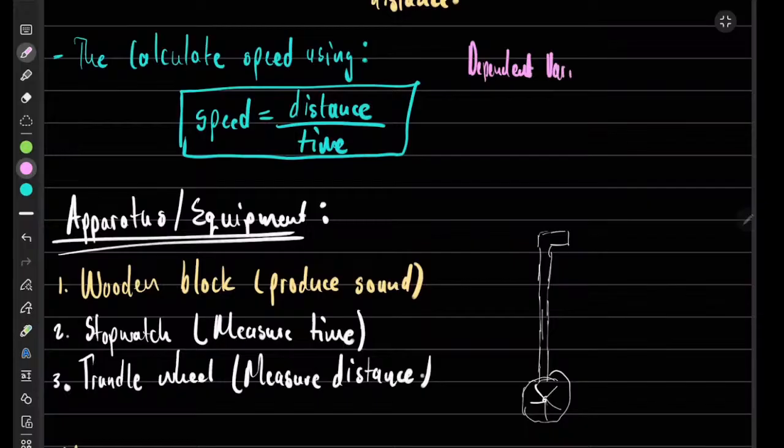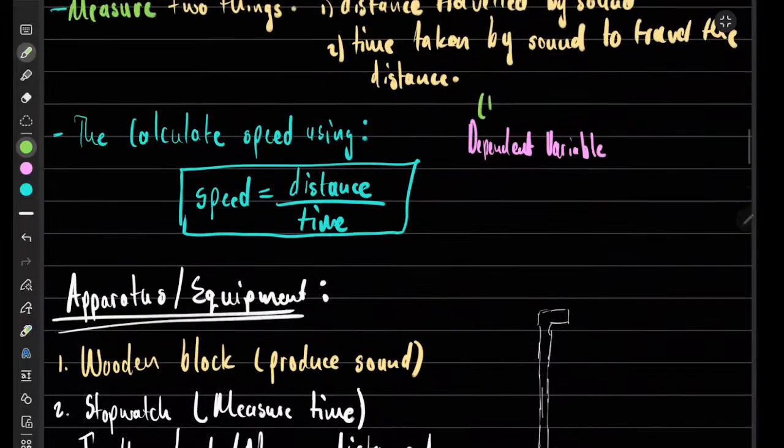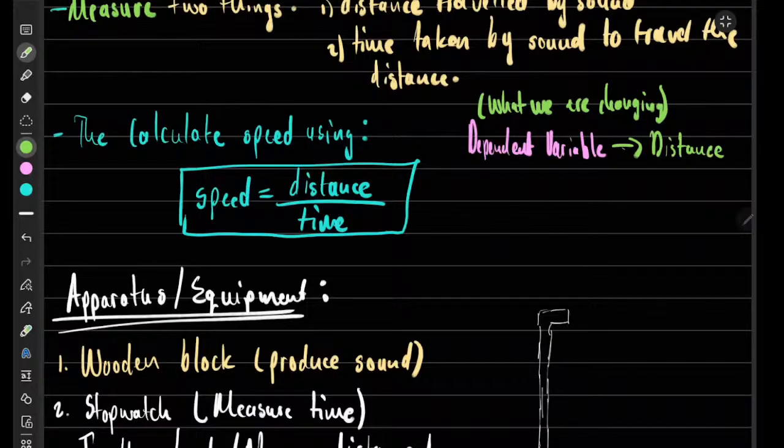The dependent variable in this experiment is what we are changing. The distance between where the sound is produced and where it is heard between two people. This is the dependent variable.